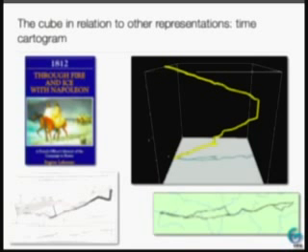So again we see an individual moving during this campaign, and you can see where he stopped, where he stayed, and where he went. So the space-time cube again is an alternative visualization of this particular map.